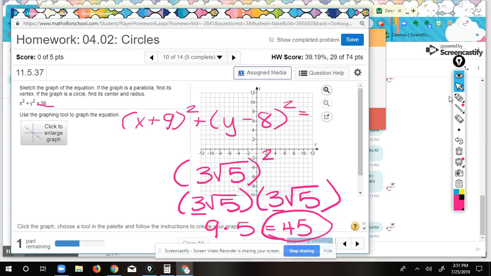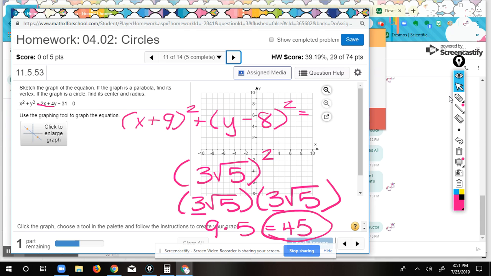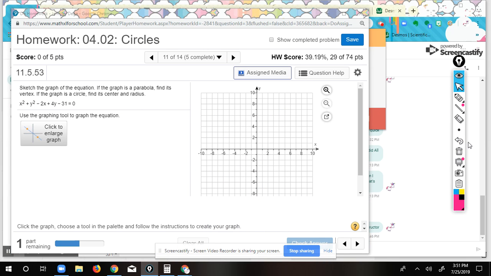All right. Number 11. Okay, sketch the graph. So we're looking at a circle here. Same deal. You get to see completing the square again, which is super awesome.